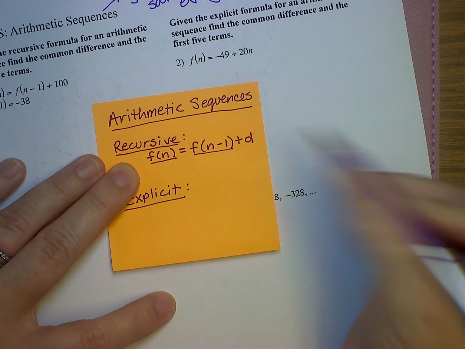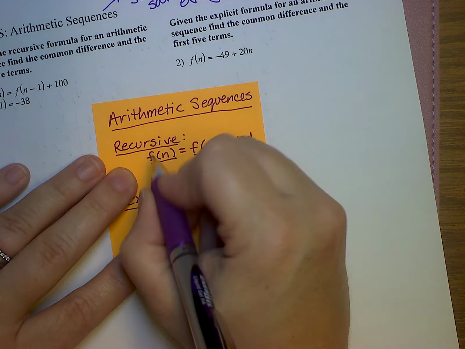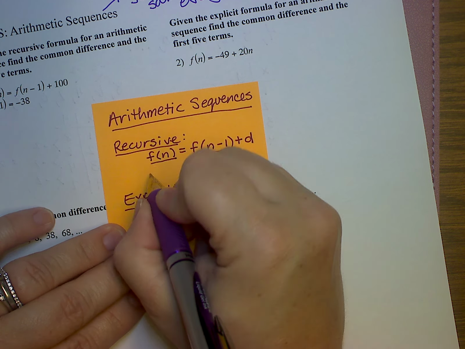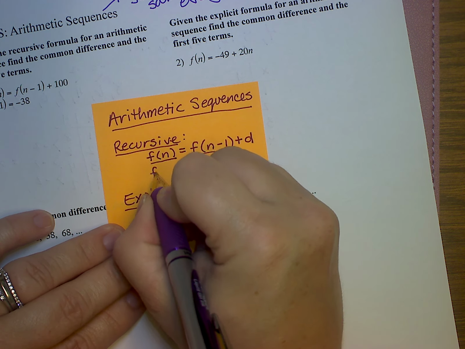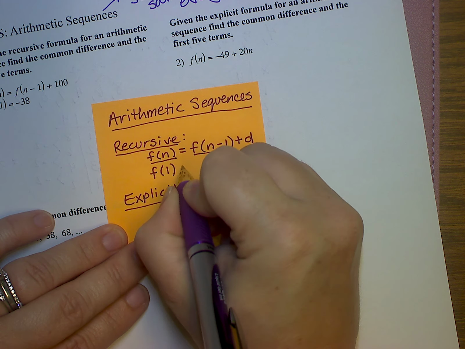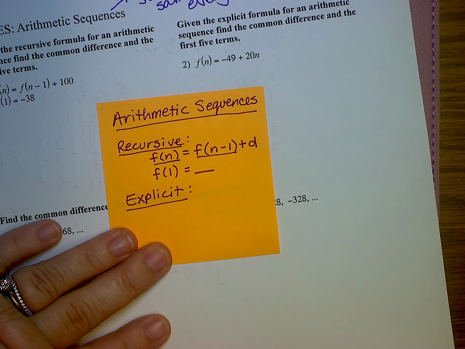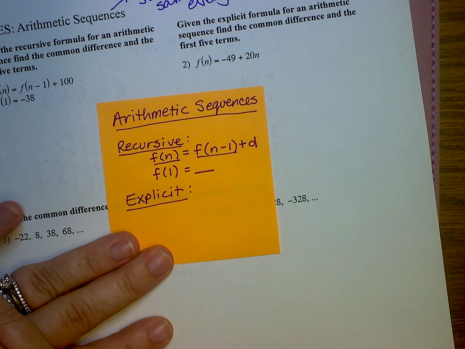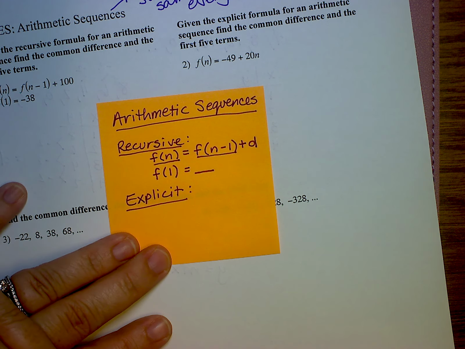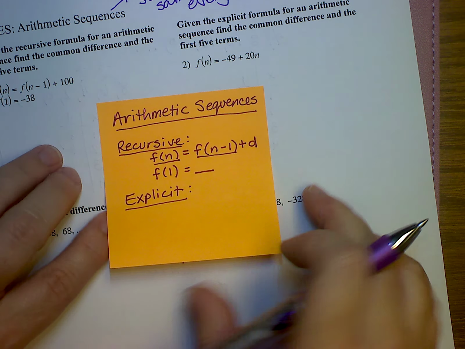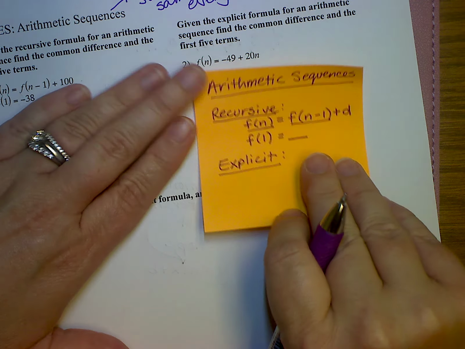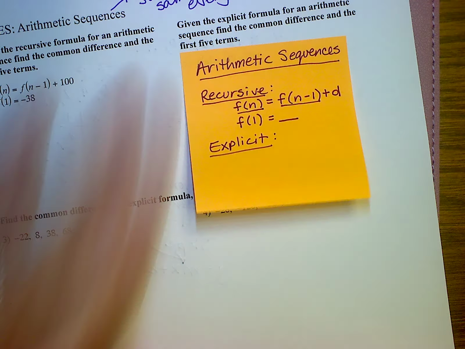And this represents previous. Okay? In addition to that, a recursive rule, you always have to include what the first term is. A recursive rule cannot not give you the first term. And I'll show you why when we do number 1 here. Okay? Now, I'm going to hold off on the explicit one because we don't need it till number 2. So let's just focus on the recursive right now.